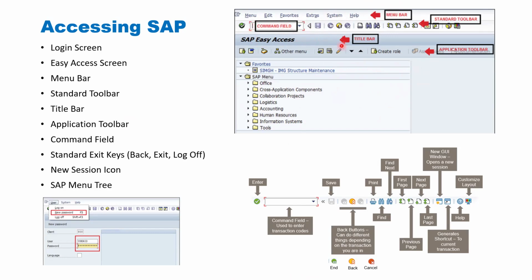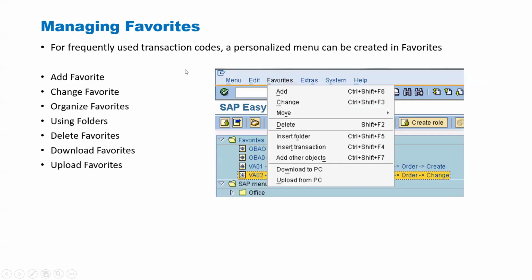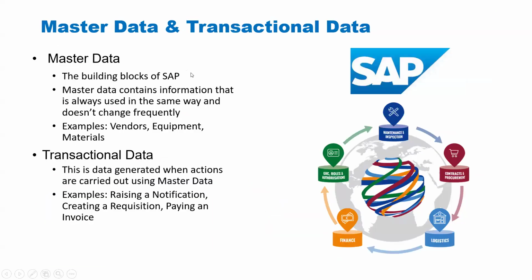I'm going to explain what that is to you. Then you have a title bar, you have an application toolbar, and then this part here is the menu. It's a tree menu, and you're going to have a look at it soon, right? And then there is a status bar. It's not showing here in the image, but I'll just go now into SAP and show you what I'm talking about. All right.